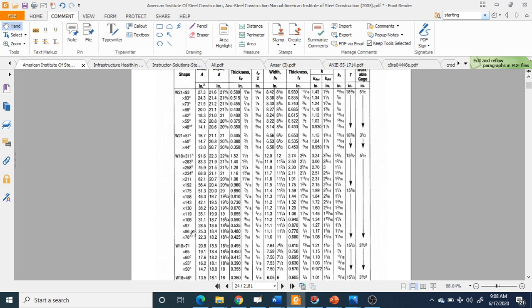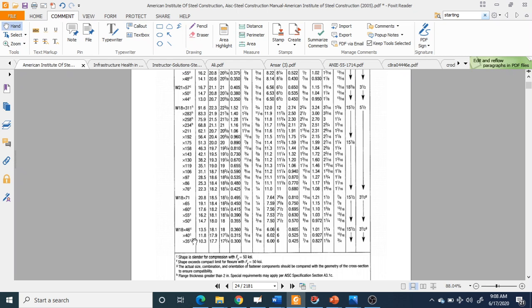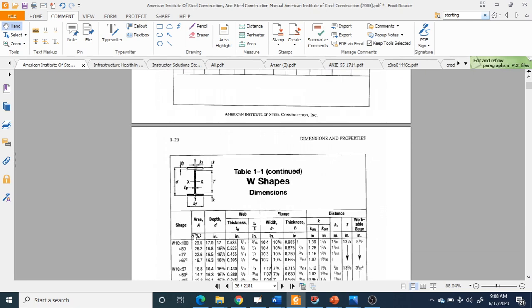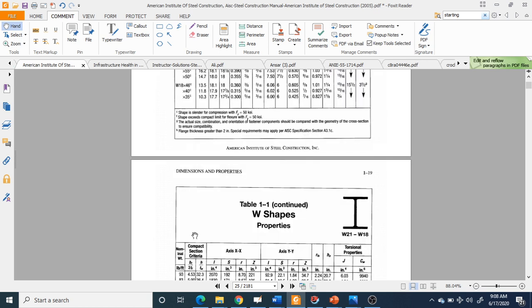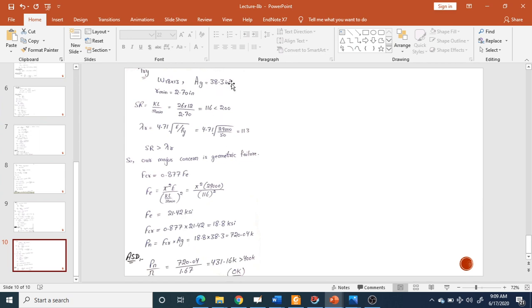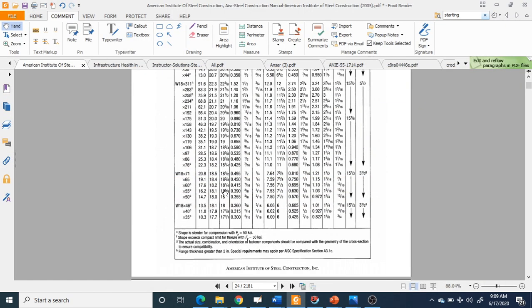W18 into 76, 65, 60. The area is 38.3. So 38.3 is, I think, W18 into 130.